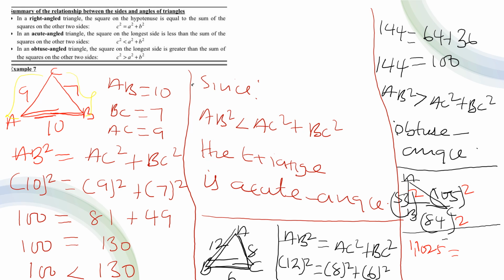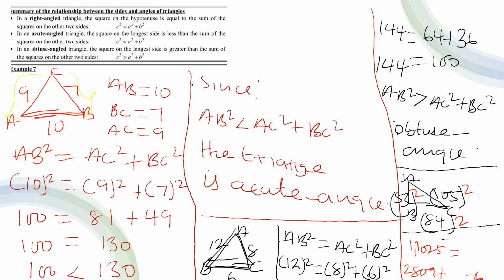It gives us 2809 plus 84 squared, which gives us 7056.